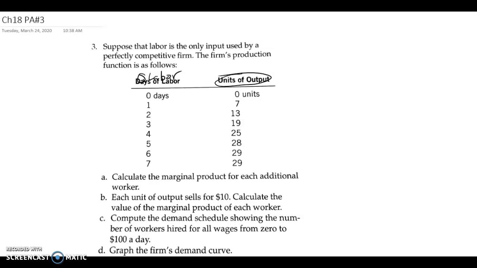This is an older concept that should be relatively simple for us as we look at the marginal product of labor. And then we're going to use that to calculate the value of each marginal product of labor. In other words, the value of each worker that we add.